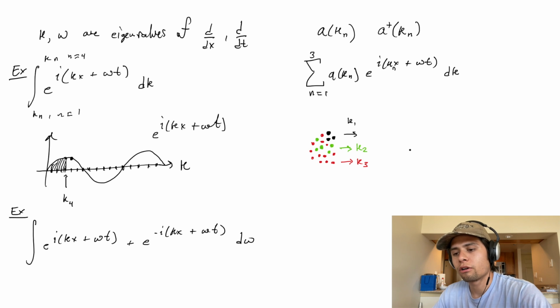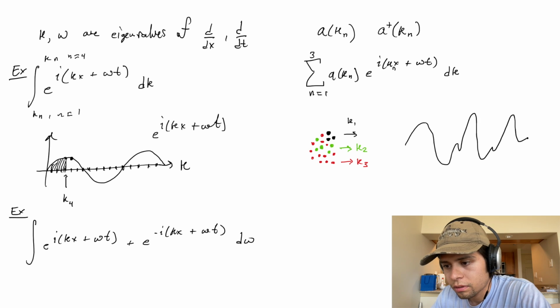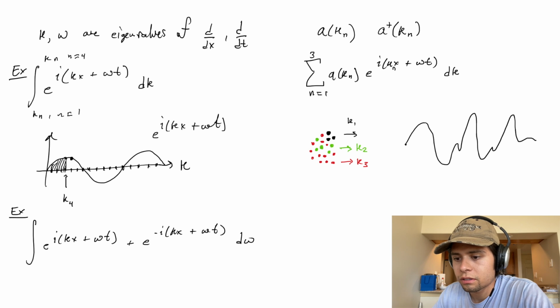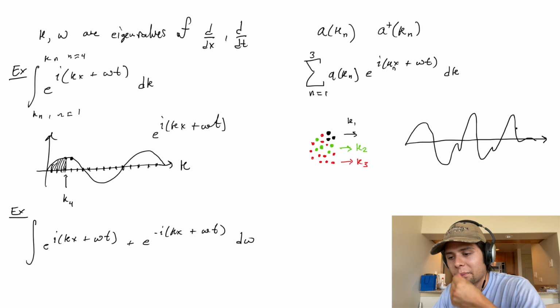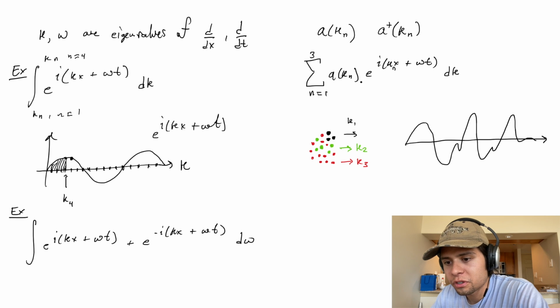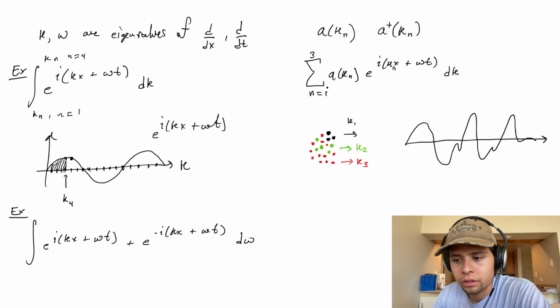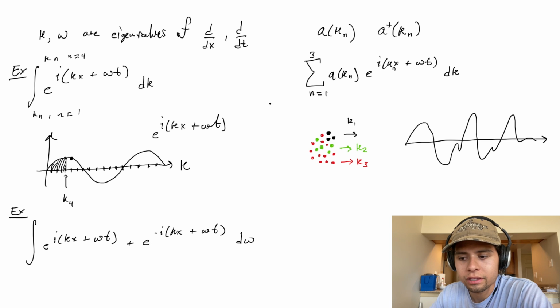The overall wave looks like this, along some axis here. And this weight that we have up here corresponds to the weight of each basic sinusoid that is contained within this complex wave.